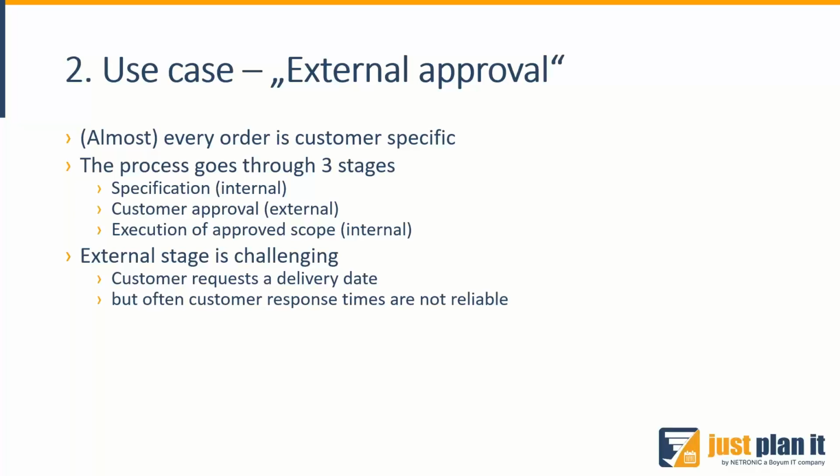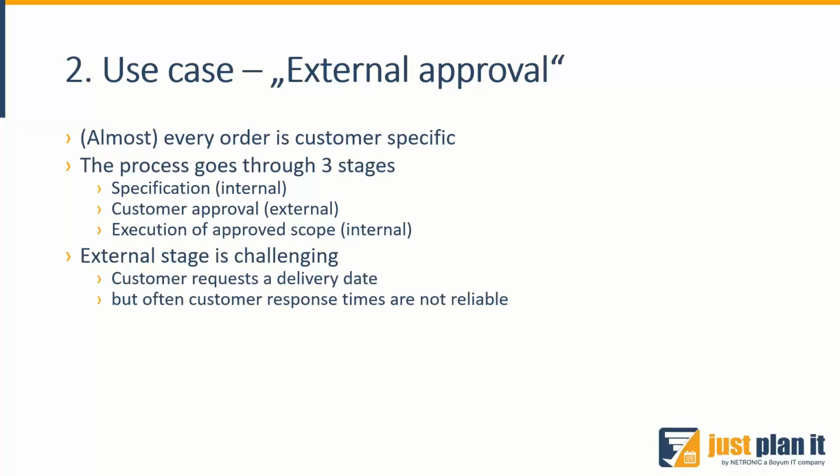Before you get the approval, and the approval equals the official order, you would not even know what in particular you need to execute. And this is an extra challenge, because after you get the approval, you would do the execution with your internal capacities.